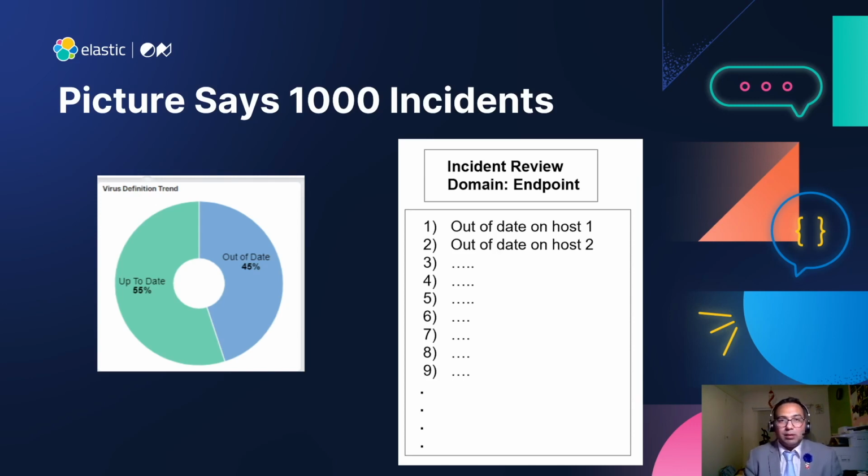And yes, those are in progress because those are maybe old hosts running old OS, and the new virus definitions are not really compatible with them. So it's kind of work in progress. Having the view on the left, like in the picture, shows you how much better you can get at it. But on the right, if you take those 1,000 incidents to anyone, it won't make sense unless you're taking it to a SOC engineer.